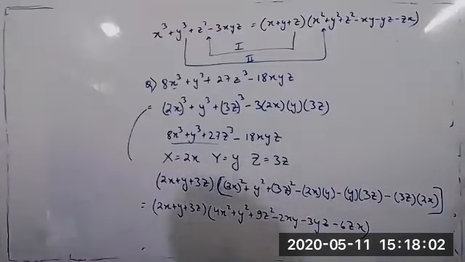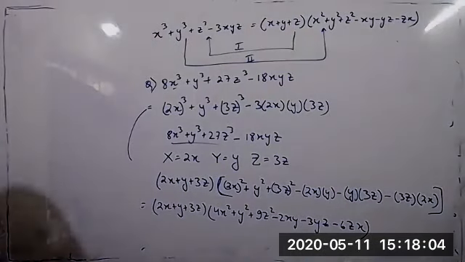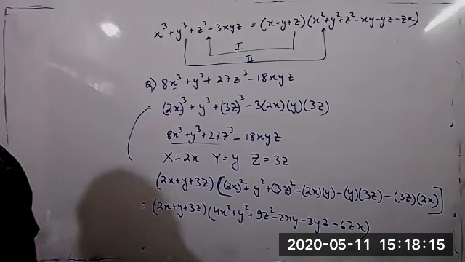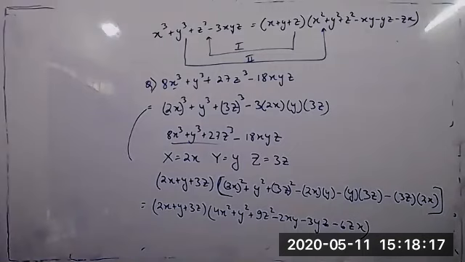So this is the final answer. Understood? Yes, sir. Please write it. So done. Anyone who has not understood this one? Anyone who has not understood, please let me know.